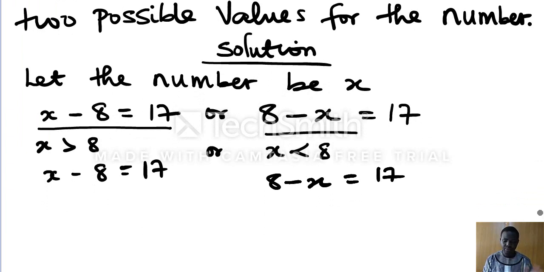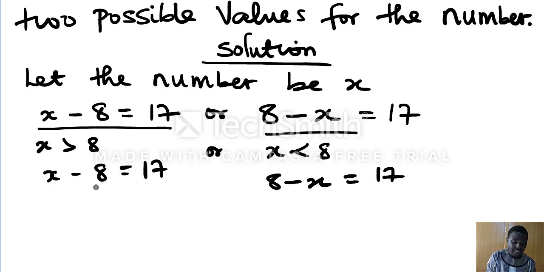Actually, you can solve them separately and it still gives you the same answer. So if x is greater than 8, let's simplify this. Now I'm going to make x the subject of the formula by taking minus 8 to the other side.